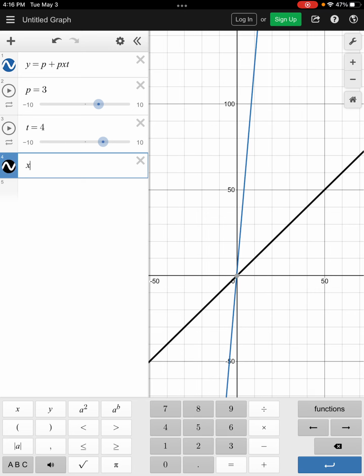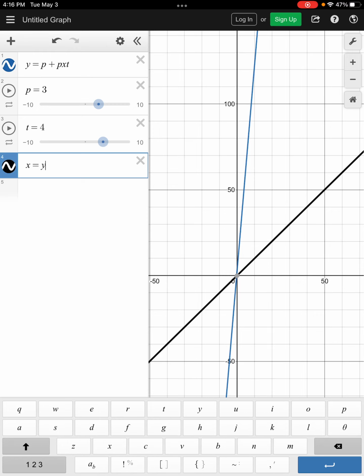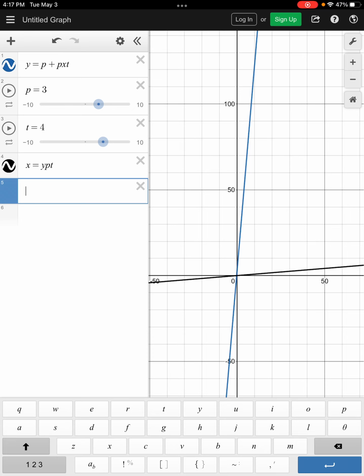So X equals Y times P times T. That clearly is not the right answer.